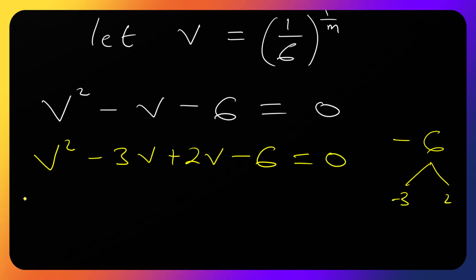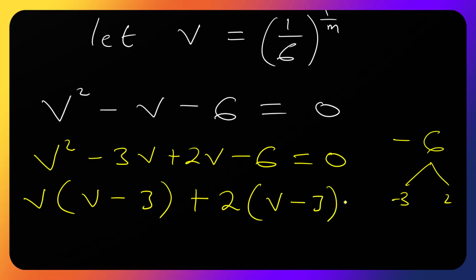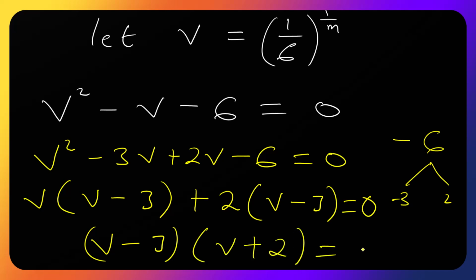So we can take v out here: v(v minus 3) plus 2(v minus 3) equals 0. So we have (v minus 3)(v plus 2) equals 0. So that is the zero product.